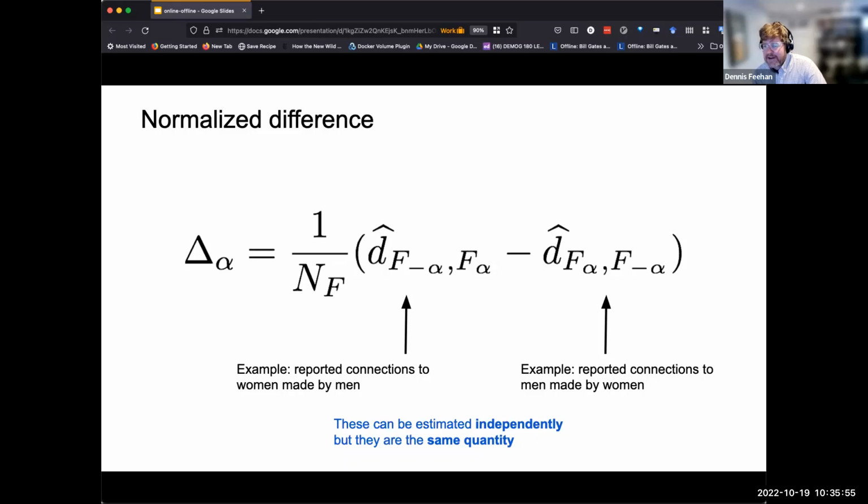We can estimate the number of connections from men to women and from women to men using our data. We can estimate these two quantities independently, but we know that they should be the same because this network is symmetric. So we can compare how similar those two estimates are as an indicator of how internally consistent the reports about the network appear to be.